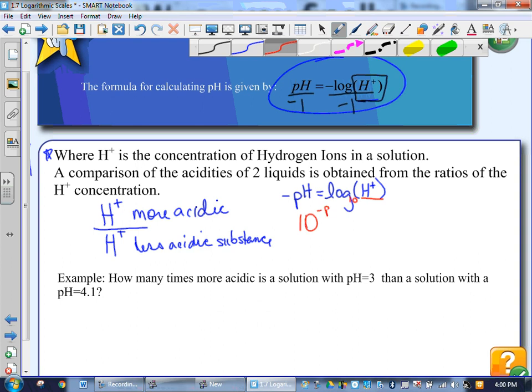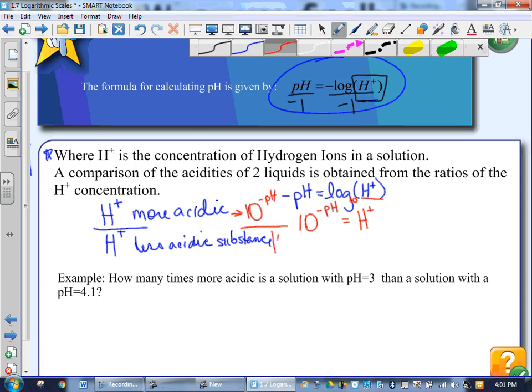So what is my shortcut formula going to look like here? Well, if I'm comparing the acidity of two things, I compare the concentration of hydrogen ions of the more acidic, which can be represented in this form, divided by 10 to the power of negative pH of the less acidic.